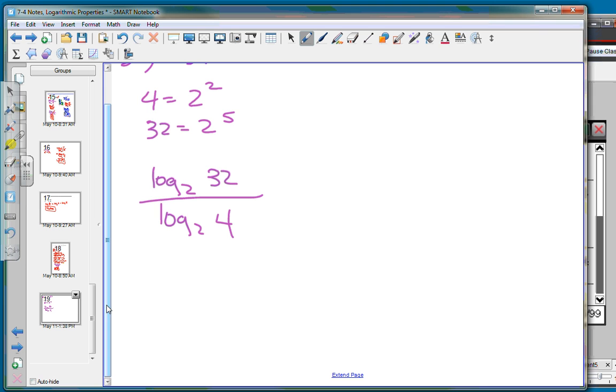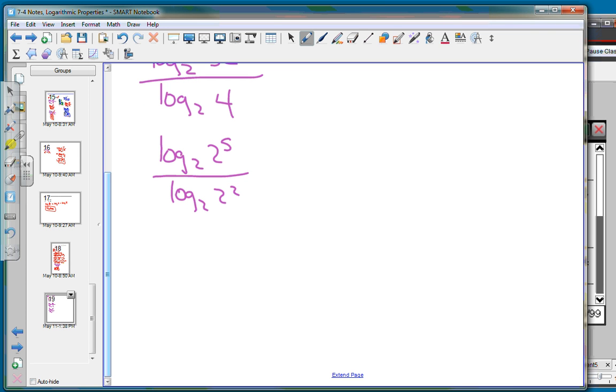And what do we know 32 to be? Log base 2 of 2 to the 5th over log base 2 of 2 squared. What happens with those powers? They come out front. Those cancel out to get you 5 over 2.